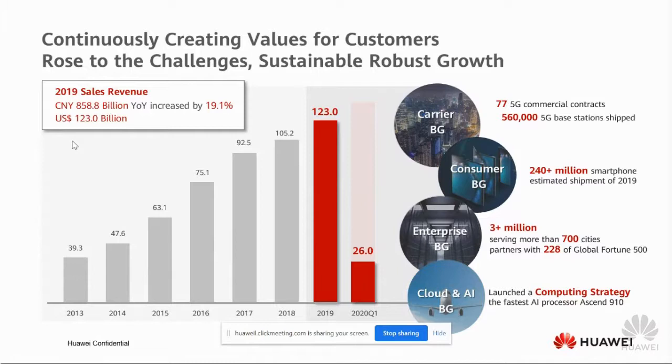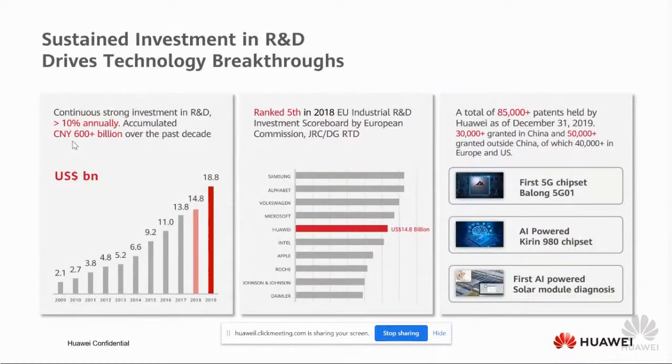Our main known products, I can say, are the 5G base stations, the smartphone shipments all around the globe, and also switching stations like computer stations, and also big data computing. As we believe, the investment into R&D is driving the company further and further.